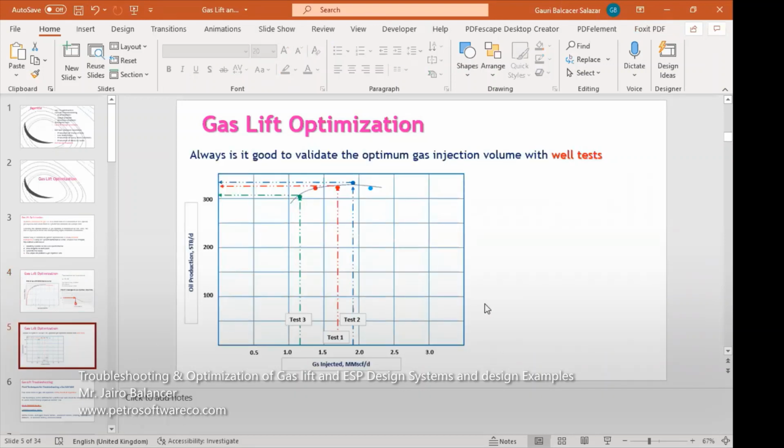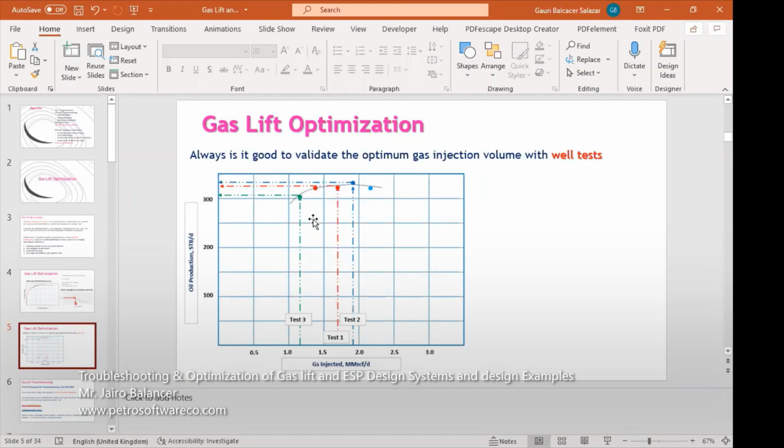And of course, another way to get the optimum gas lift is by well test. We run a test, and we get the gas injection rate and, for that specific rate, a specific oil production.